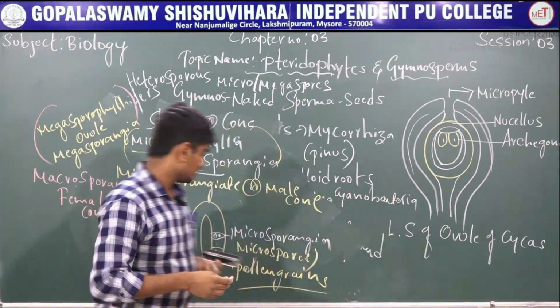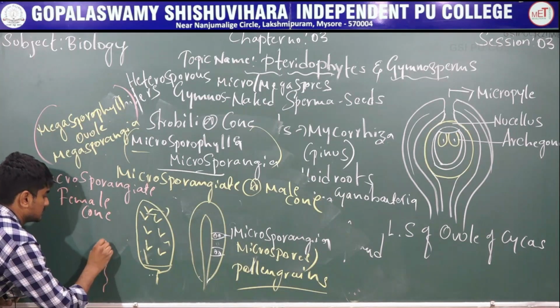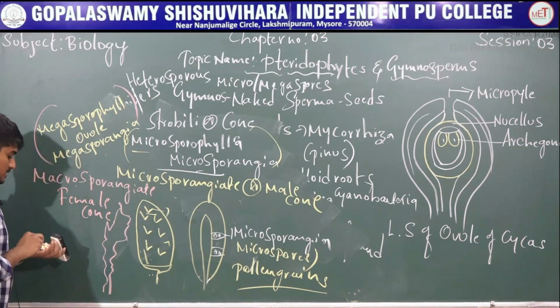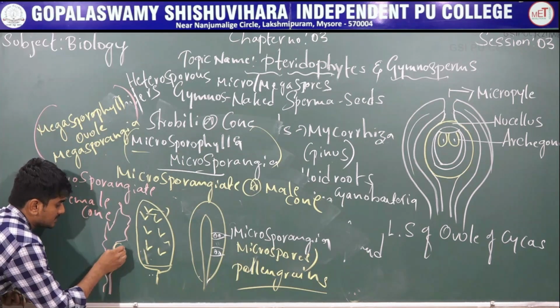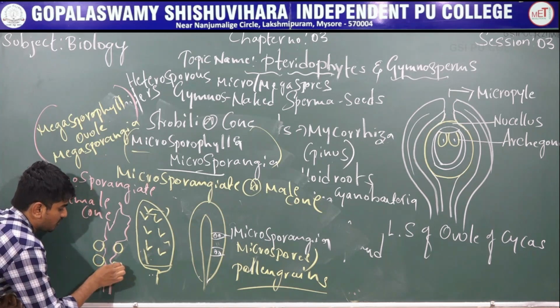See here, the cone. See, this is the megasporophyll. This megasporophyll has megasporangium. It is also called ovule.